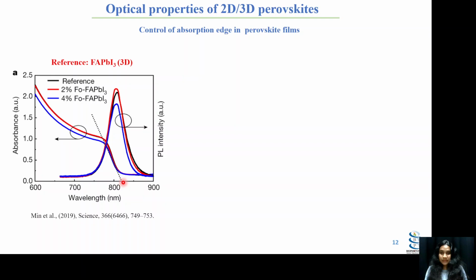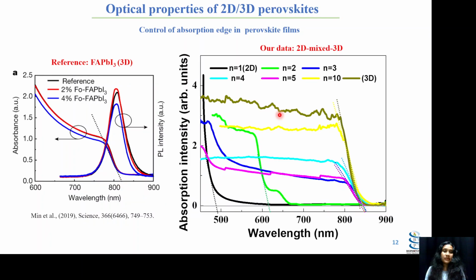But in our case of 2D mixed 3D, ranging from 2D, that is this black line, to pure 3D, which is this olive line, and the intermediates between, we see that we can control the absorption edge of the perovskite films. It ranges from below 500 to 850 nanometers.